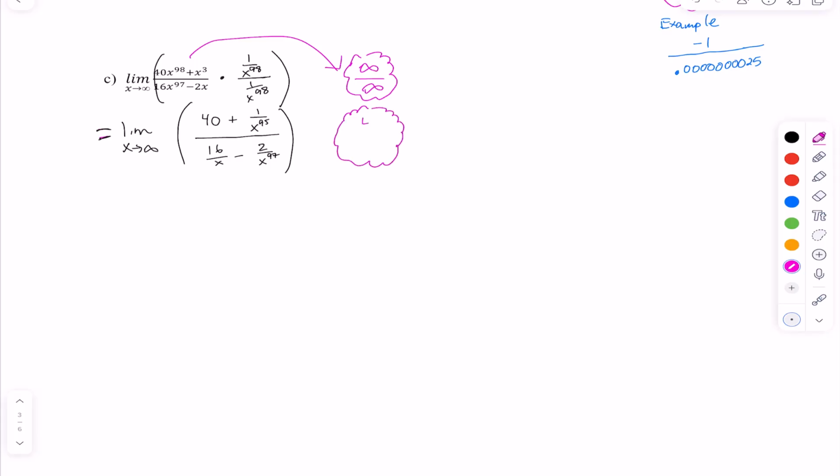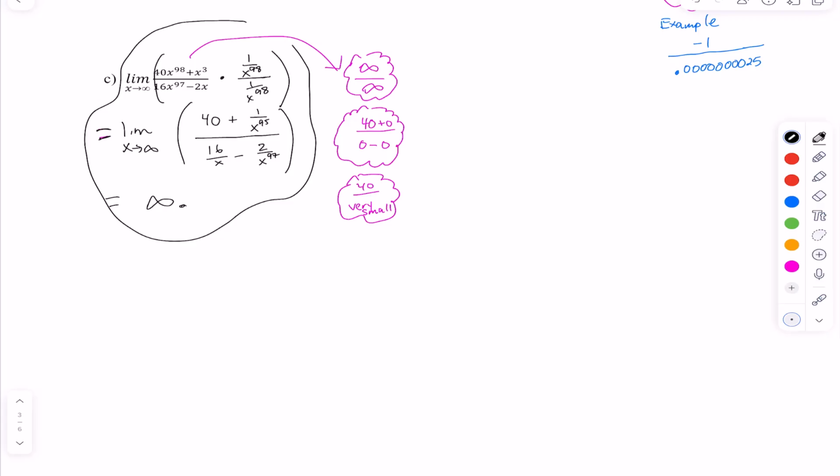Instead, you have something approximately 40 over something very small. Now, what's 40 over very small? That's got to be very large. Okay, just from the previous example there, you're going to realize, oh, that's going to be very large in the positive direction, and you're done. So that would be the work to evaluate that limit.